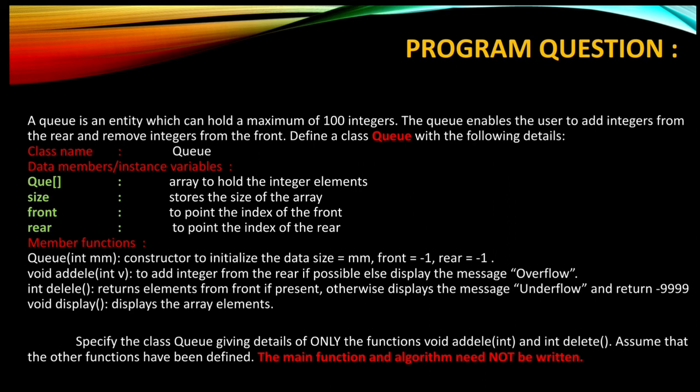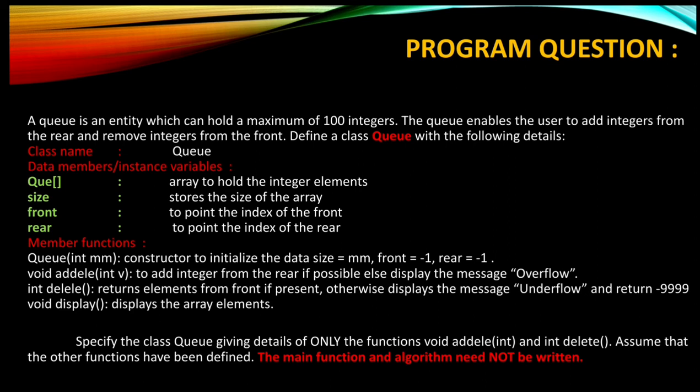Means you have two pointers, one is rear and one is front. Front is going to remove that element and rear is going to add that element. You are having a class that is queue. The following details you are having: the class name should be queue, and the data members, or we can say instance variables, that is queue is an array which holds the integer elements.